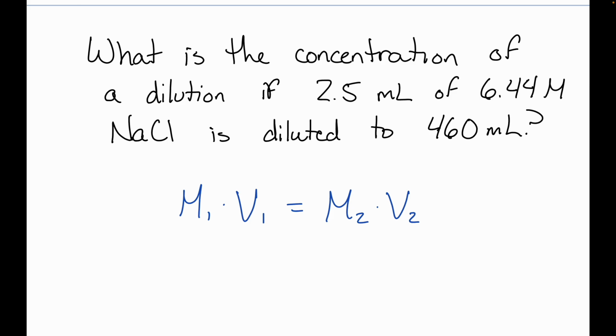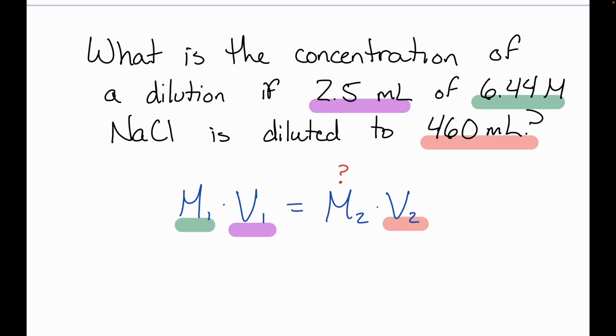In our equation, M1V1 equals M2V2, what are we missing? What are we trying to solve for here? M2. All right, I have the concentration of my stock solution, that's 6.44 molar. I have the volume that I use in my dilution, and I have my total volume of that dilute solution.